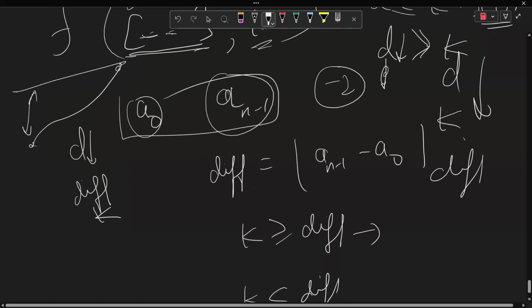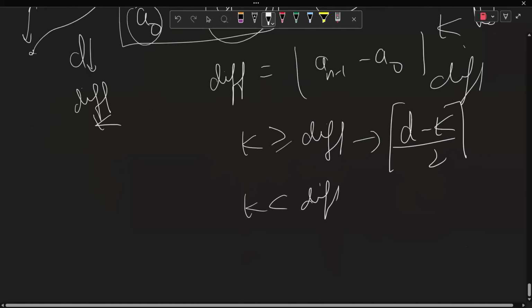To reduce from d to k, you are always moving in steps of 2. So your final answer would be just the ceiling of (d minus k) by 2. That would be your final answer when k is greater than diff, so you can always move in steps of 2.